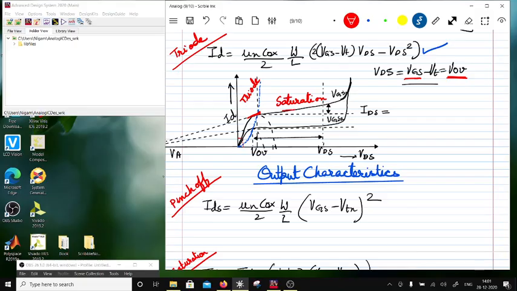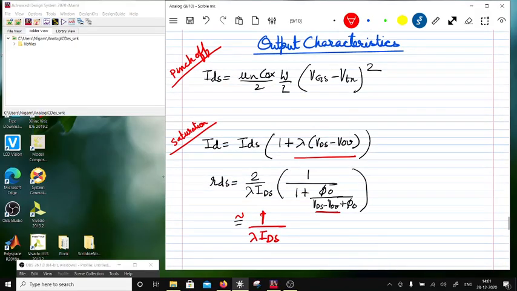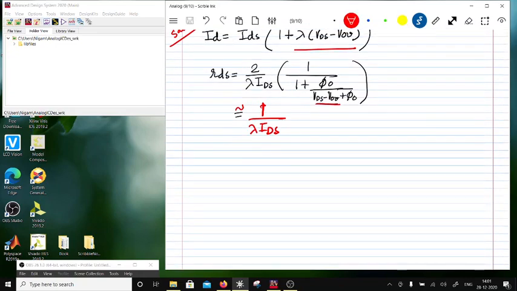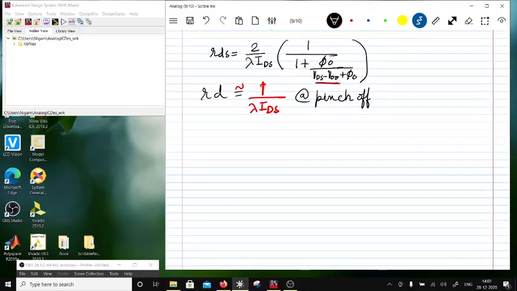But if you go further away, the slope is more, because as this increases, this number is no longer 1 plus 1. It is going to be 1 plus some small number, so it will almost become twice. So in case of pinch off, RDS is equal to this. But if you go to a much higher VDS, then RDS will be approximately equal to twice of this.